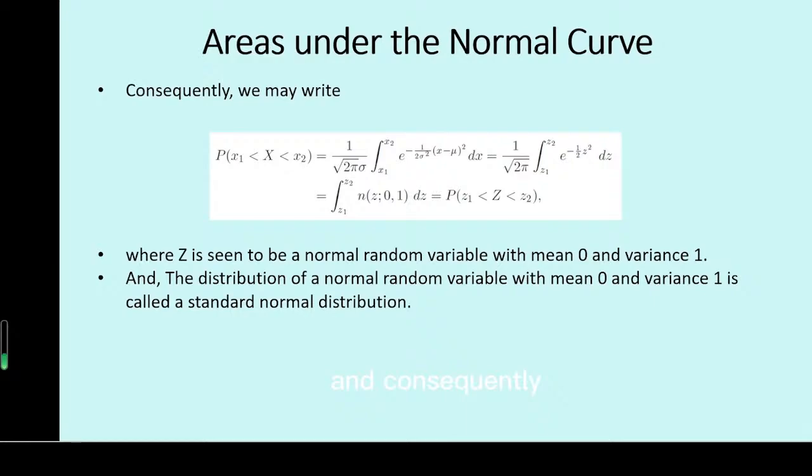Consequently, the probability of X between x1 and x2 equals the probability of Z between Z1 and Z2. This form is the standard normal distribution density function, where the power is minus 1 over 2 times Z squared.